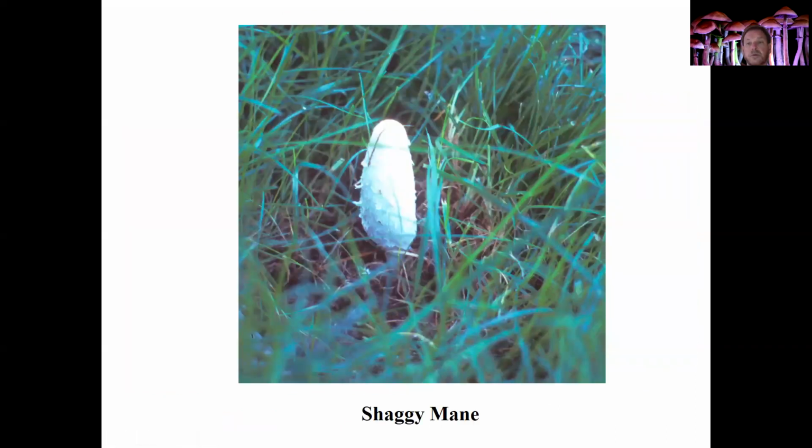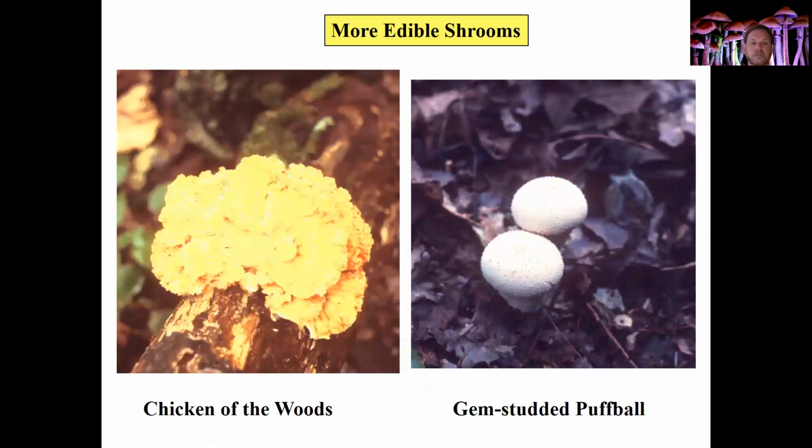Shaggy manes often grow in lawns. They have a very long cap that eventually opens up and sheds spores. Another choice edible, chicken of the woods, grows out of wood. It tastes like chicken, I guess.